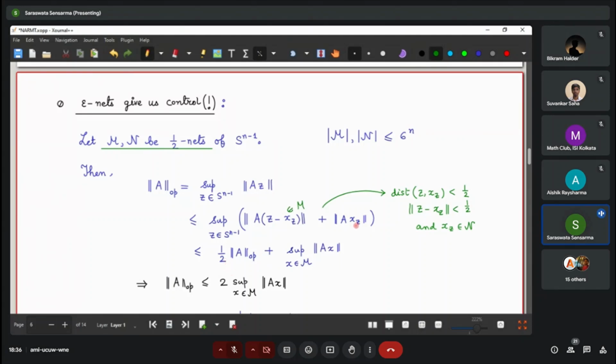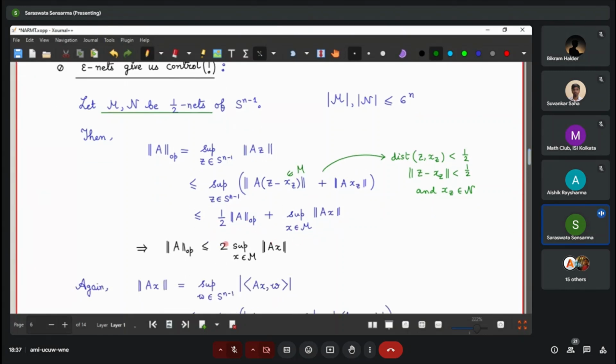And the second quantity, where we are taking a supremum over z of A x_0, is exactly just taking a supremum over M of this. Once we have this, we can take it to the other side, and we see that bounding the operator norm is exactly the same as bounding a discrete version of the operator norm.